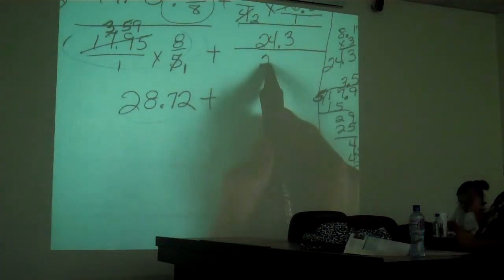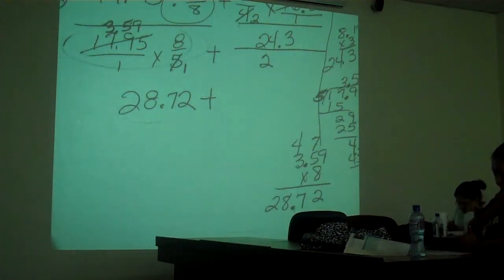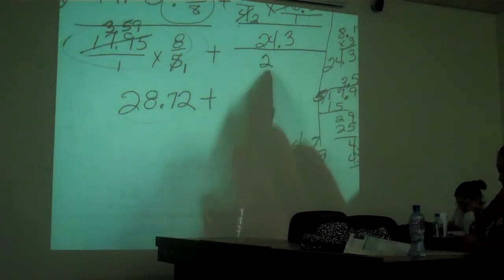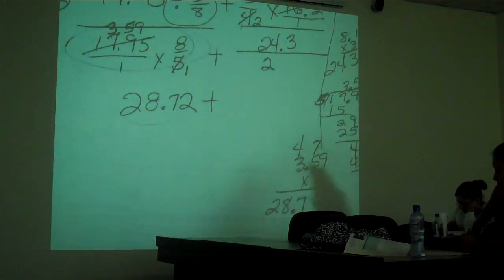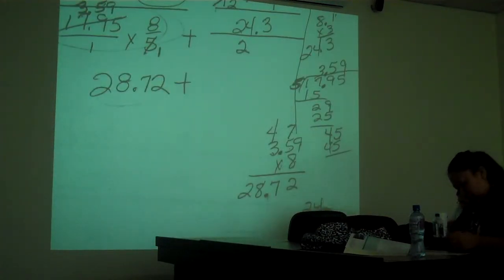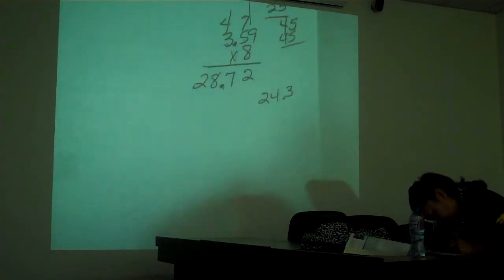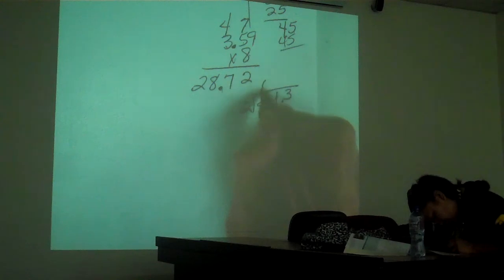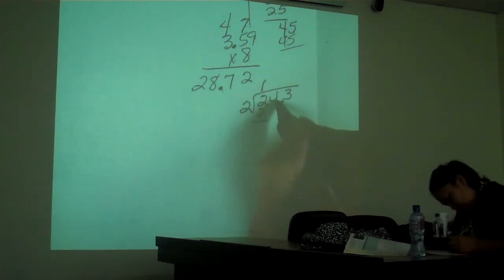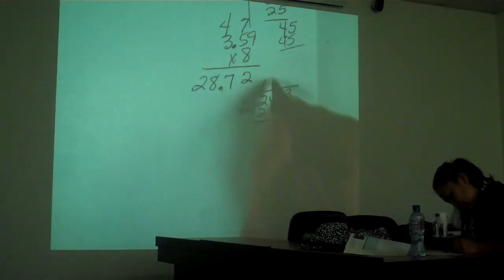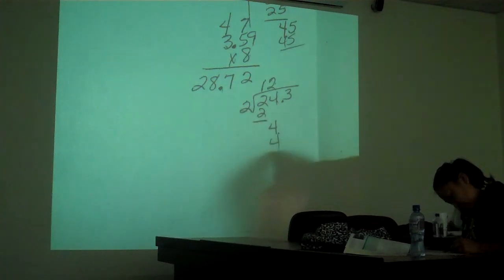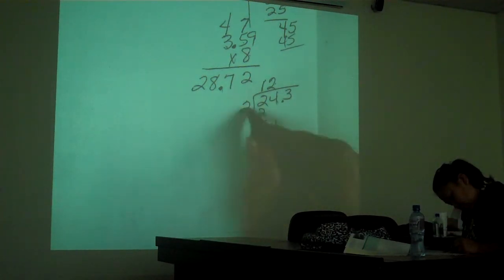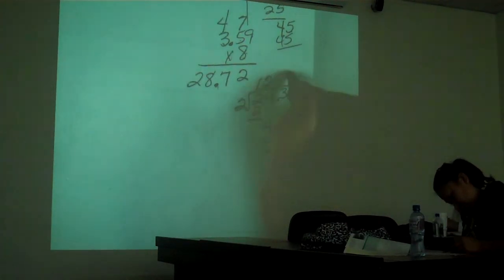And this number, we need to do that division. 24.3 divided by 2. 2 into 2 is 1. 2 into 4 is 2. 2 times 2 is 4. And then 2 into 3? 1.